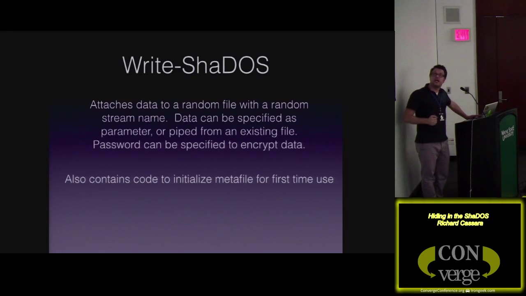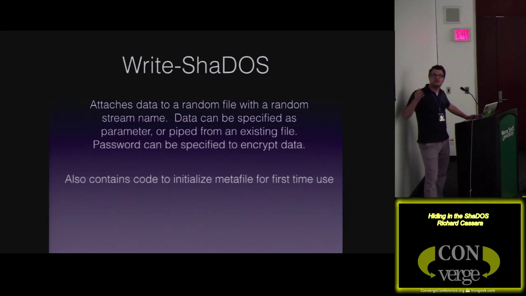The write ShaDOS, this is how you're going to hide your files within ShaDOS. It has a randomizing function, which is going to take a random DLL file out of syswow64, and then it will create a random name to use as an ADS stream name, and then it's going to attach those together.